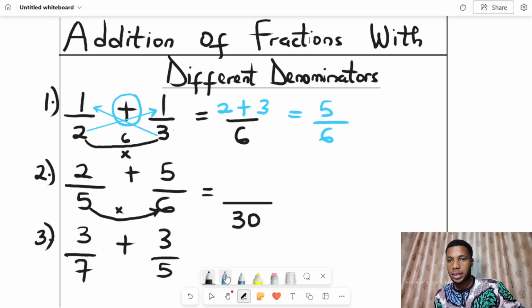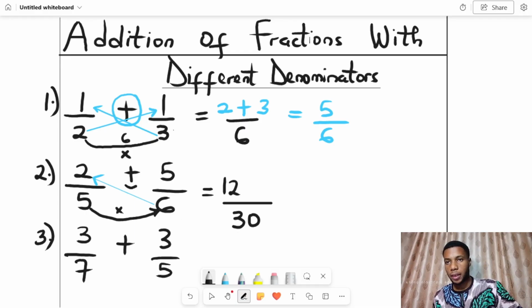Then 6 times 2. Now we can start from anywhere, right? So I can start from the denominator of the second fraction. I can say 6 times 2 right here. That will give me 12. So I'm going to write 12 first.